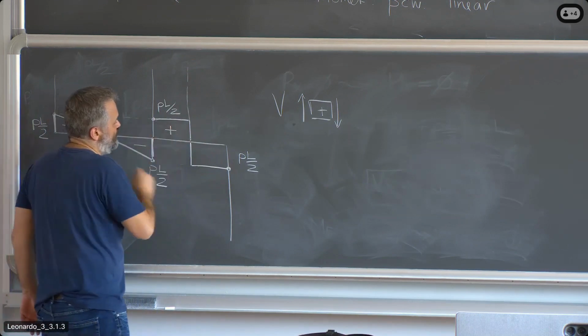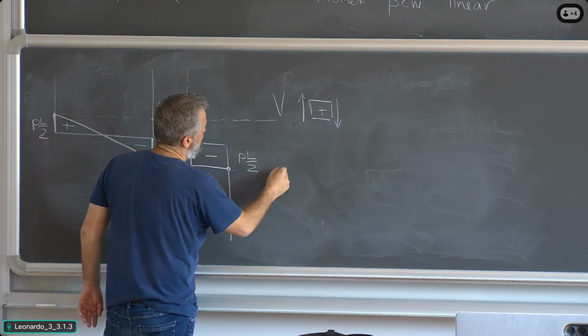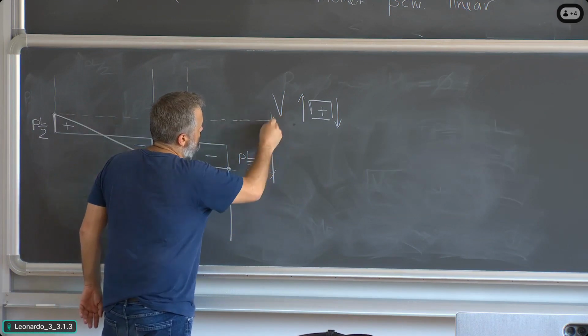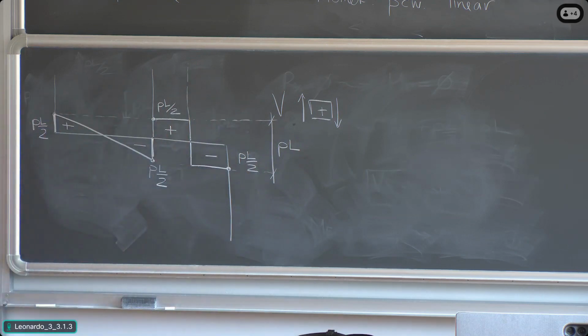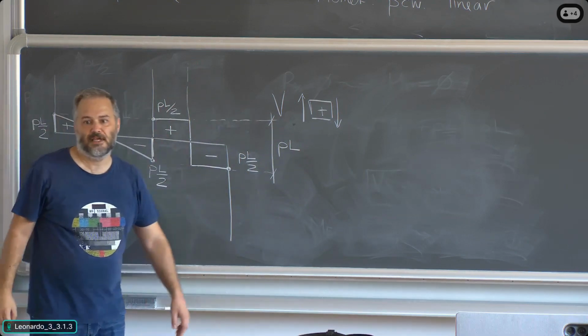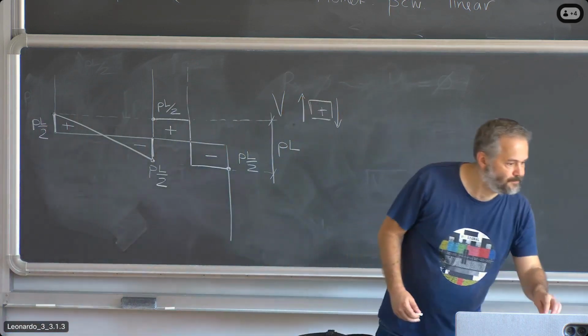This portion is positive, this portion is negative. The value of this jump is exactly equal to PL, which is the concentrated load applied. Got it?